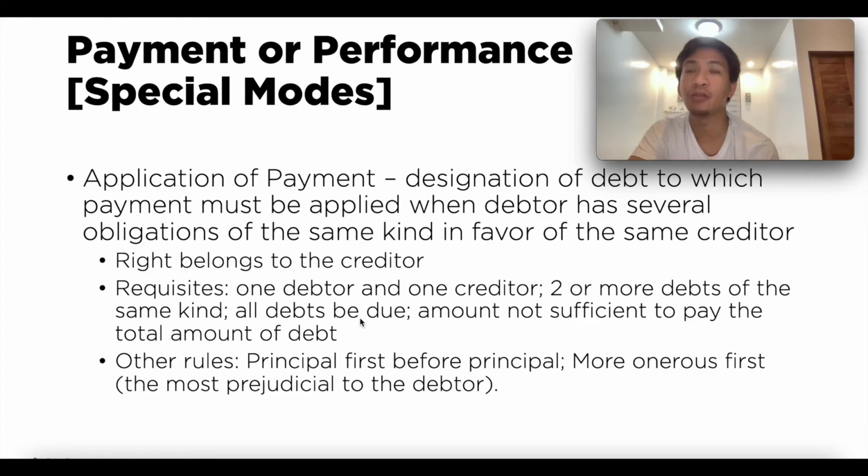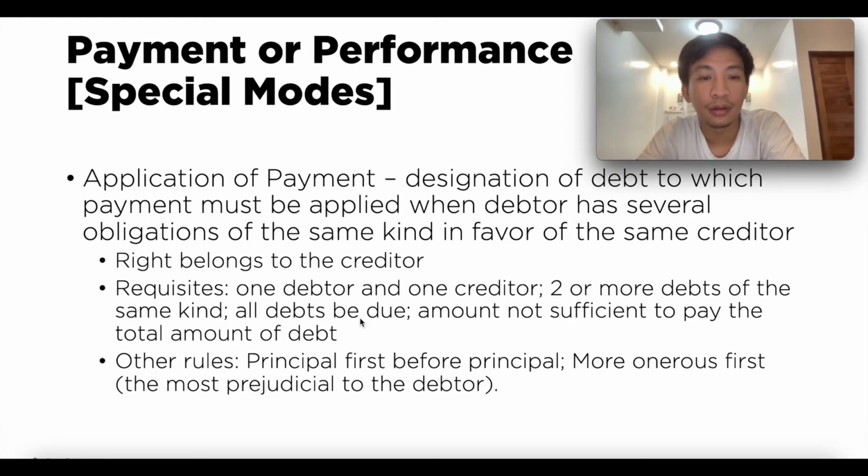Okay, the requisites are: one, there is one debtor and one creditor. Kumbaga ang involved lang dito, iisang nangutang at iisang nagpautang. Requisite number 2 is two or more debts of the same kind. Kumbaga, maraming utang si debtor kay creditor.